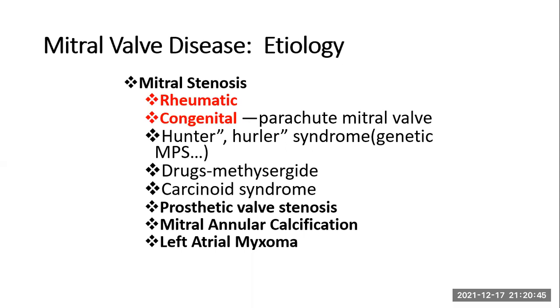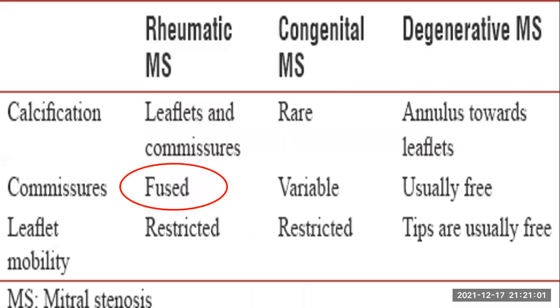It could be due to carcinoid syndrome. And of course, in older ages, prosthetic valve stenosis due to calcification. And we also have a physiological mitral stenosis in case of left atrial myxomas.